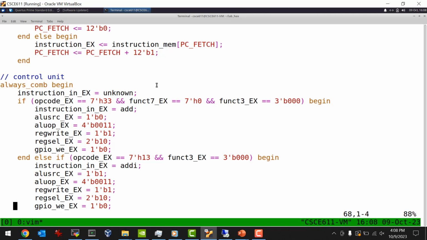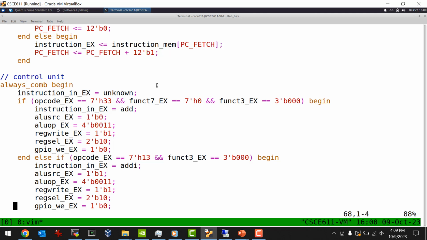In this case, I'm looking at the add instruction and the add I instruction. The add instruction has the func7, whereas the add I instruction doesn't have func7. So you can see here I'm testing to see if func7 is 7 zeros.